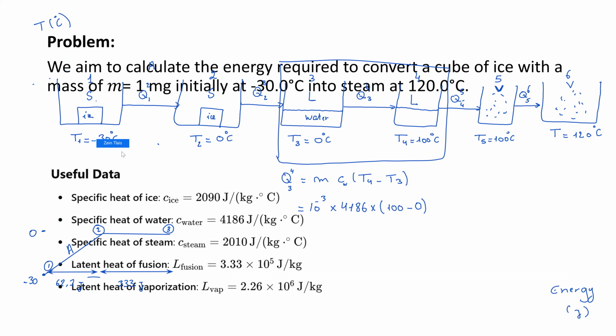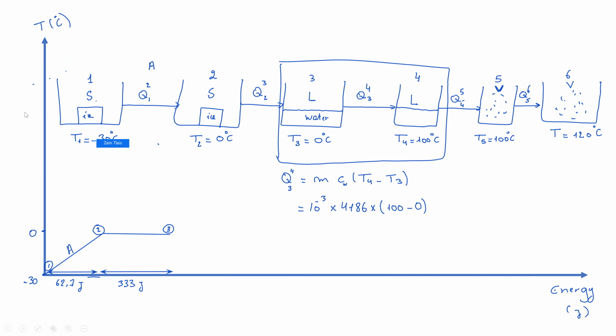We calculate, so equals to 418.6 joule. This is the energy required to pass from state 3 to state 4.